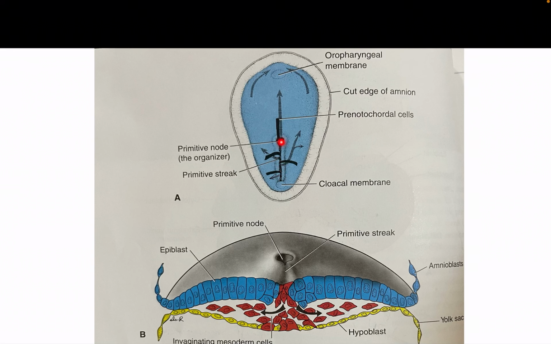Number one, from the primitive node, the cells pass linearly, in the midline, toward the buccopharyngeal membrane and stop over here, at the buccopharyngeal membrane.